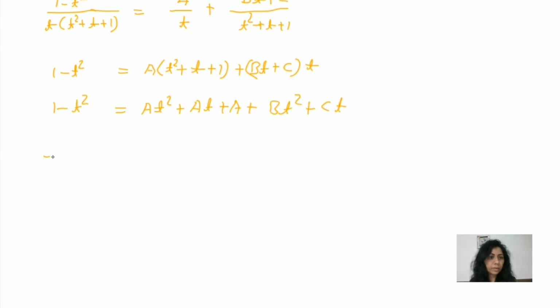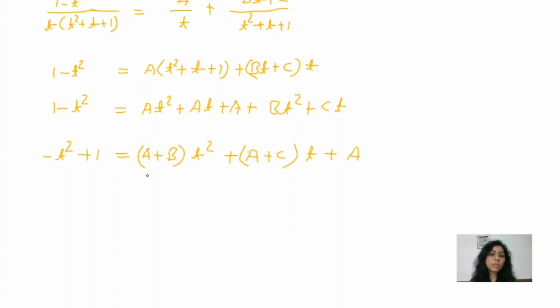Here we can write minus t square first because of the highest power, then constant plus 1. So t square terms combine: a plus b t square. Then a t and c t when we add, a plus c t, and this is a.